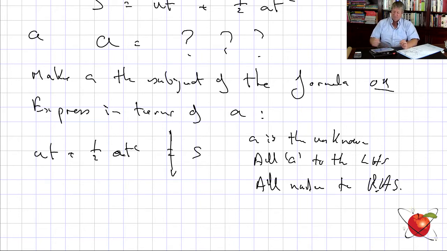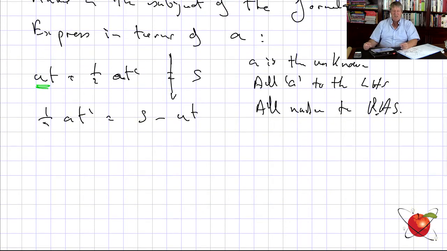That's what we do. So now we say, okay, fair, but then hang on. This is some number. It's a known number. It's not an unknown, which means I just subtract it from the other side, correct? So I then say a half at squared is going to be equal to s minus ut. Can you see that? We just take it to the other side.